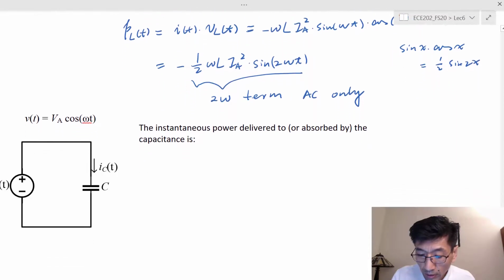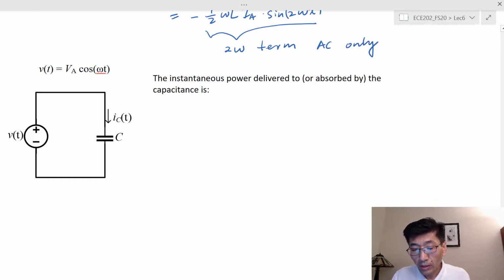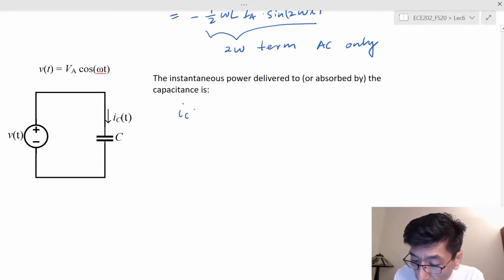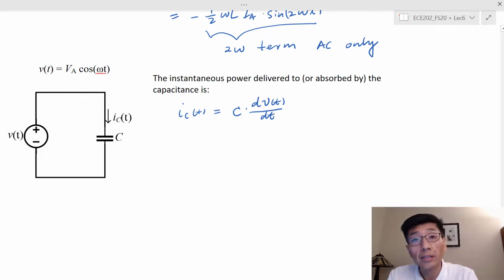Let's look at the capacitance. For capacitance, we have a voltage source applied to the terminal of the capacitance, and we have the capacitance current. Based on what we learned in 201, the I sub C should be equal to C dV dt, with the voltage across the capacitor, in this case V. And this equation is correct if the voltage and current are following the passive sign convention.